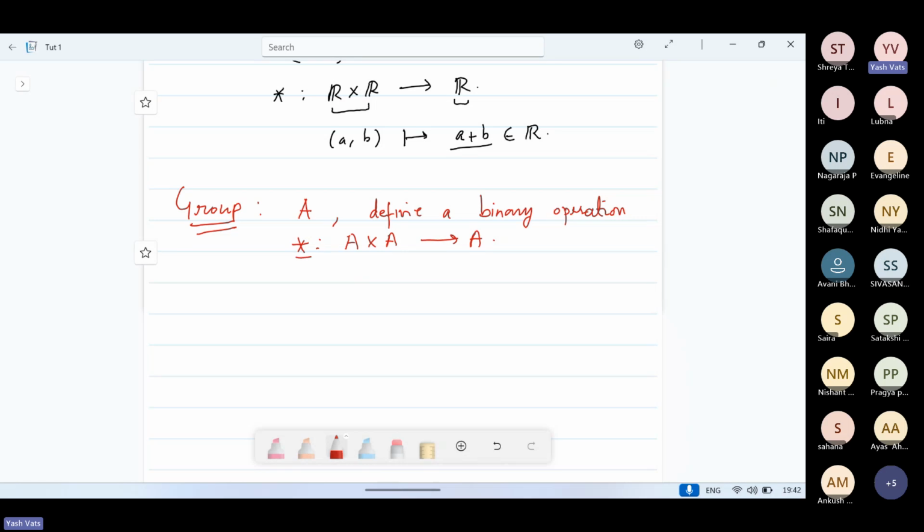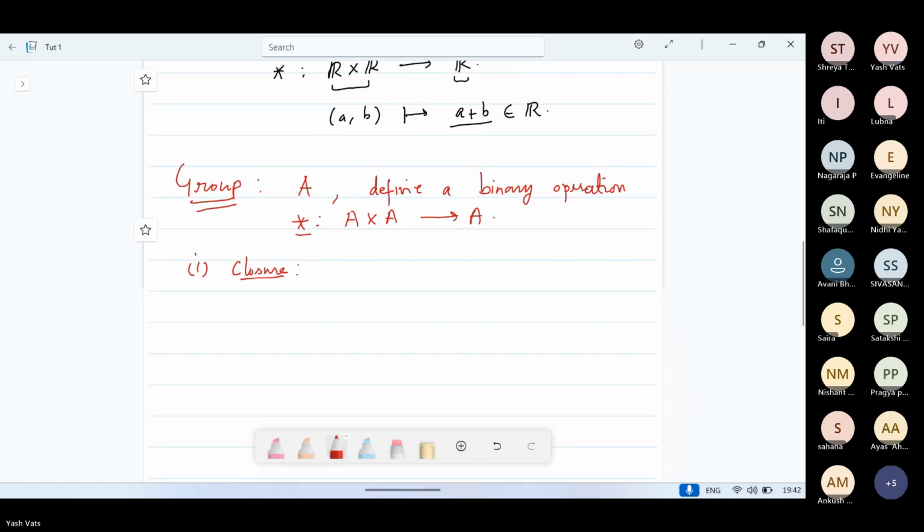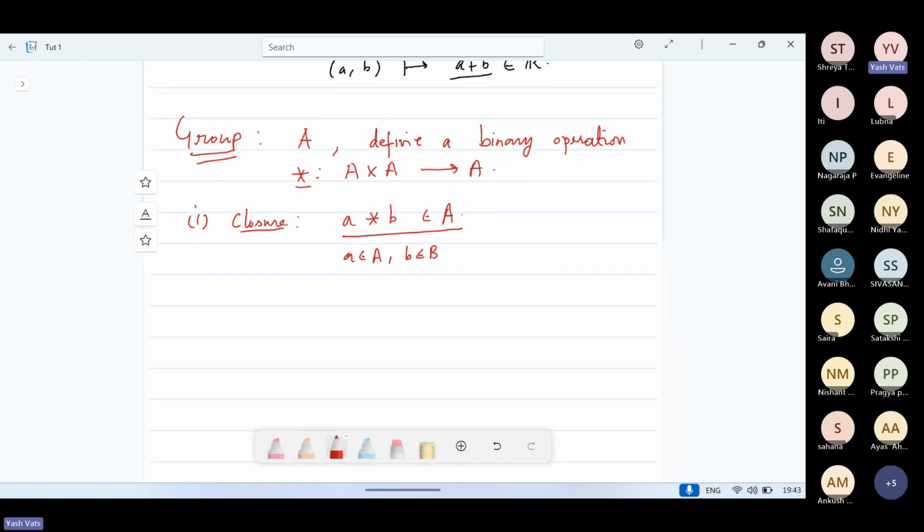If you have star which sends elements of A cross A to A, then the first property it should satisfy is the closure property. Closure is just you take a star b where a is in A and b is in A, such that a star b belongs to A. Okay. So that is the closure property. You take two elements from the set A and their binary operation gives you an element in the set A. That is the closure property.